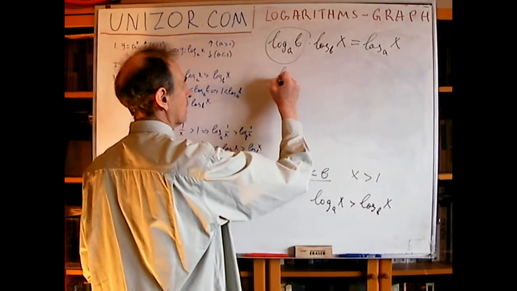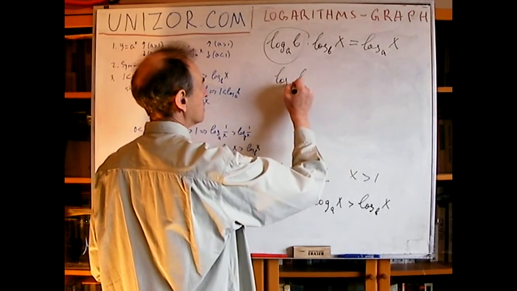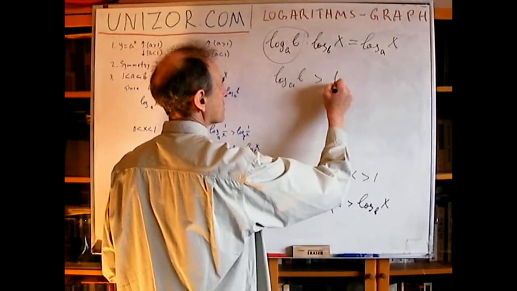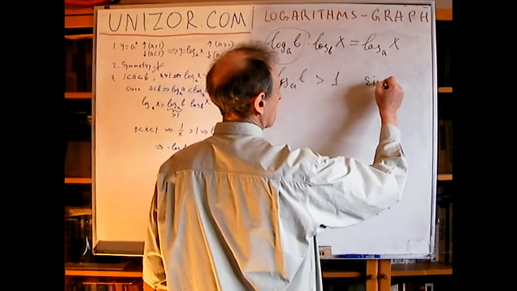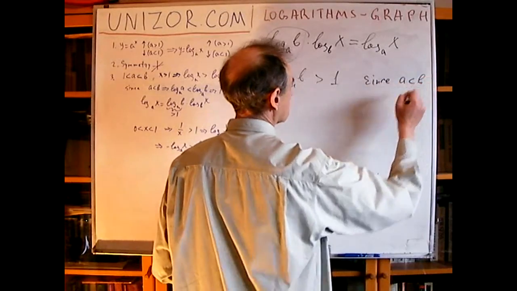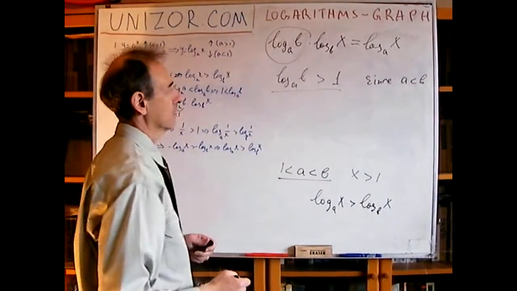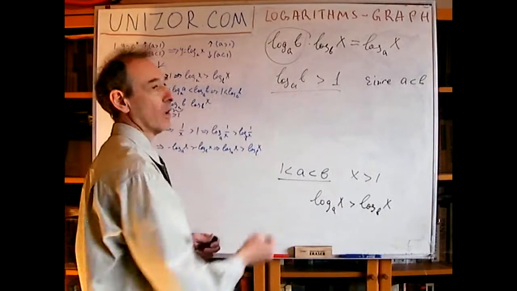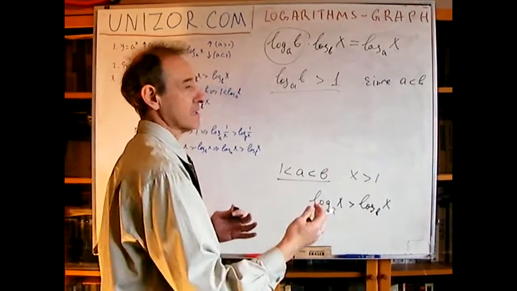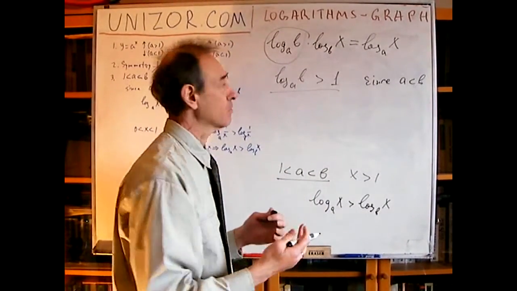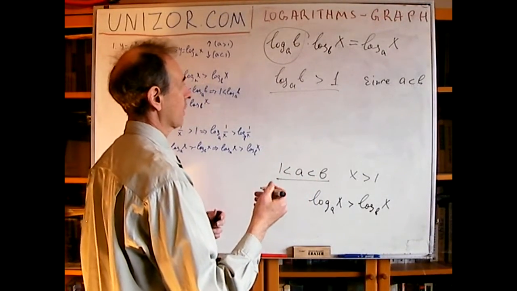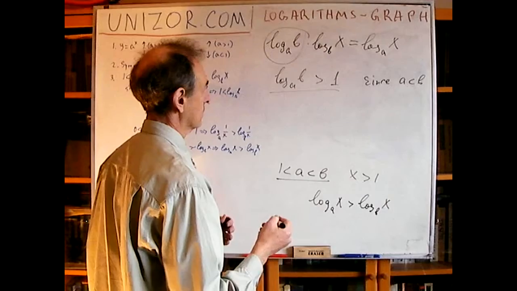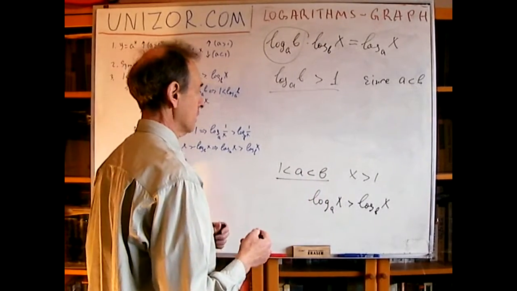Well, obviously, log_a b is greater than 1 since a is less than b. Now, why is that? This is the bigger number, this is the smaller number, so obviously I have to raise it to a power greater than 1. Well, but we can actually do it more strictly if you wish.